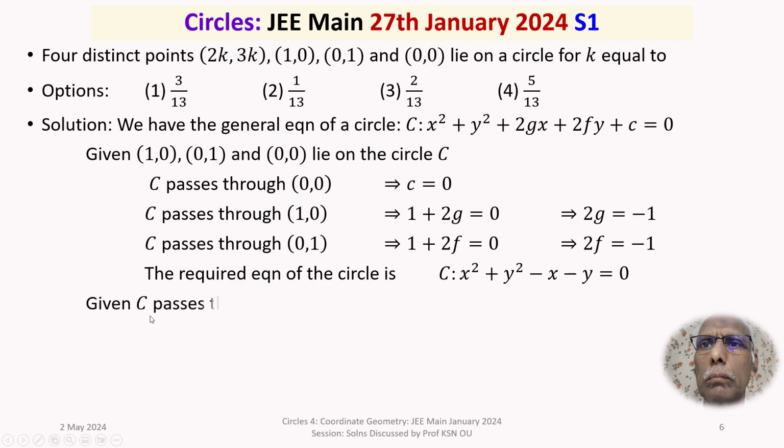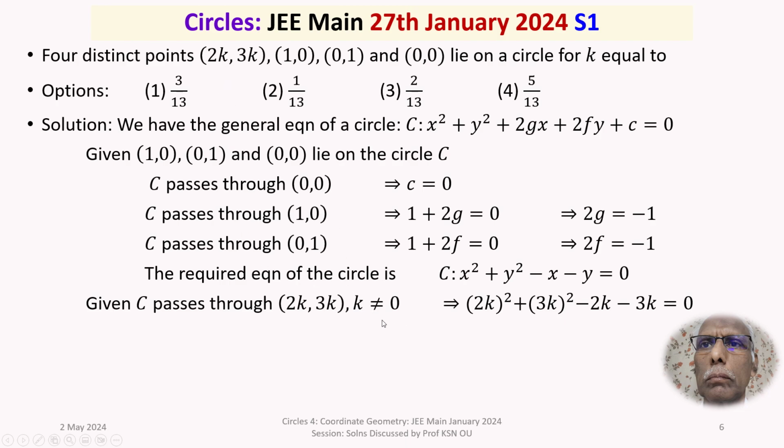Now, given C passes through (2k, 3k), and we'll say k not equal to 0. Sir, k not equal to 0 is not given in the question. Now, if k is equal to 0, (2k, 3k) is (0, 0), which is already there. Therefore, you have to take k not equal to 0.